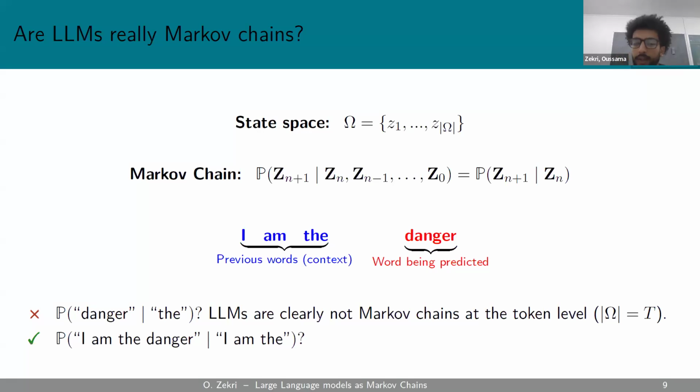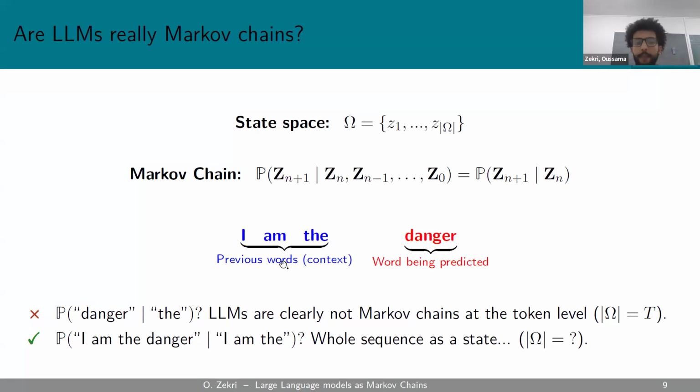there is something to be done, because by just changing the state space, instead of considering the tokens, you can consider all the sequences of tokens that you can construct. So the question now is, will it really define a finite state space Markov chain? Because you can imagine that there is a huge number of sequences that you can construct, right?